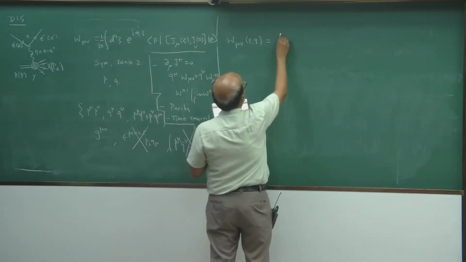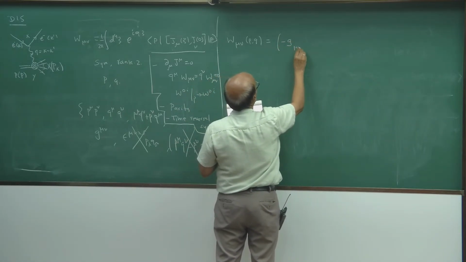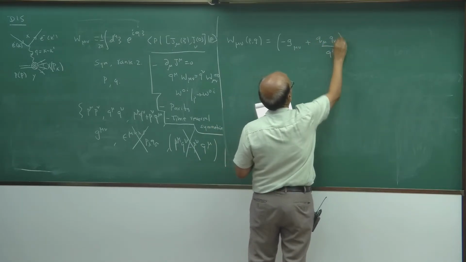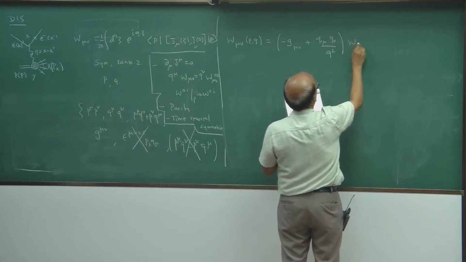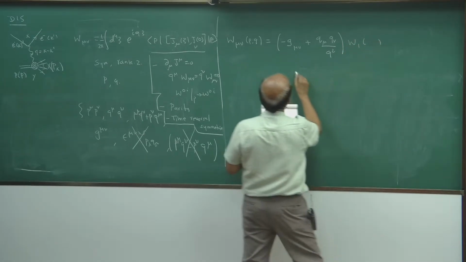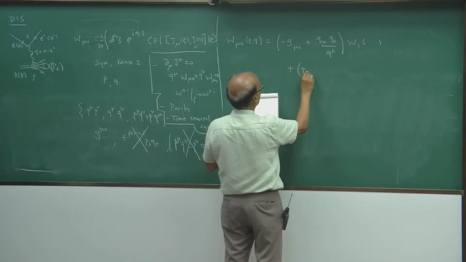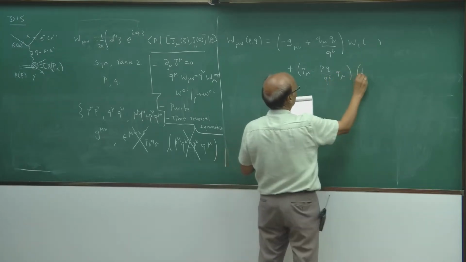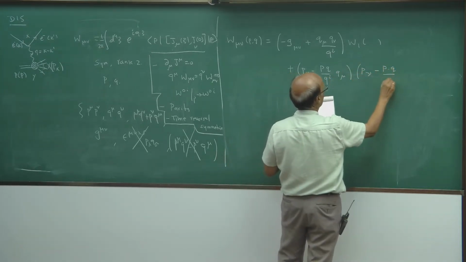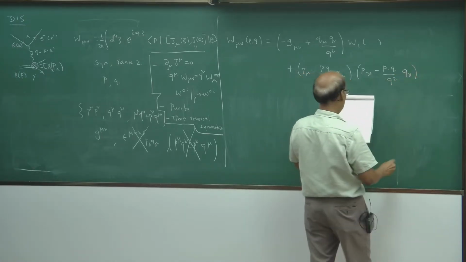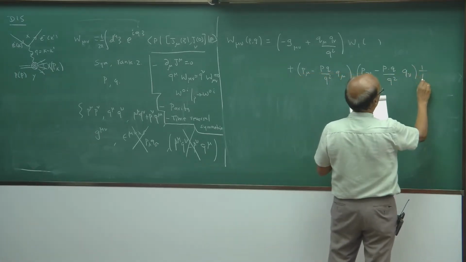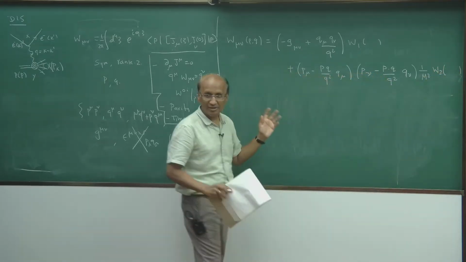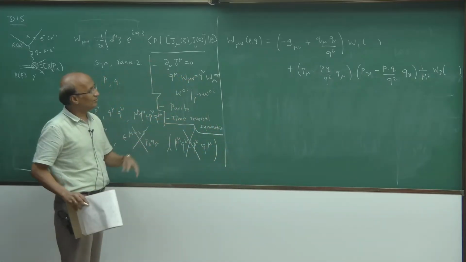So W mu nu can be written as minus g mu nu plus q mu q nu by q square times W1, and I'll leave this part, plus the W2 term. I drop other terms because those will not fulfill all these properties that I have written down here actually.